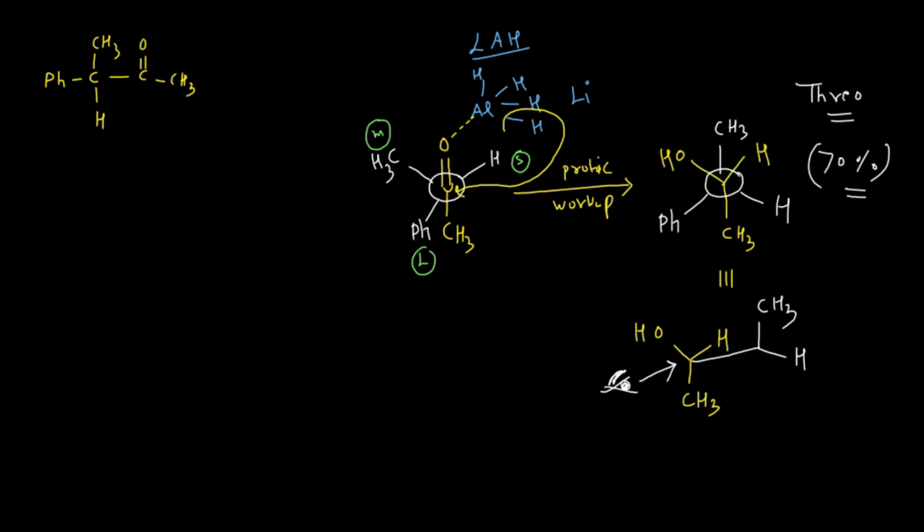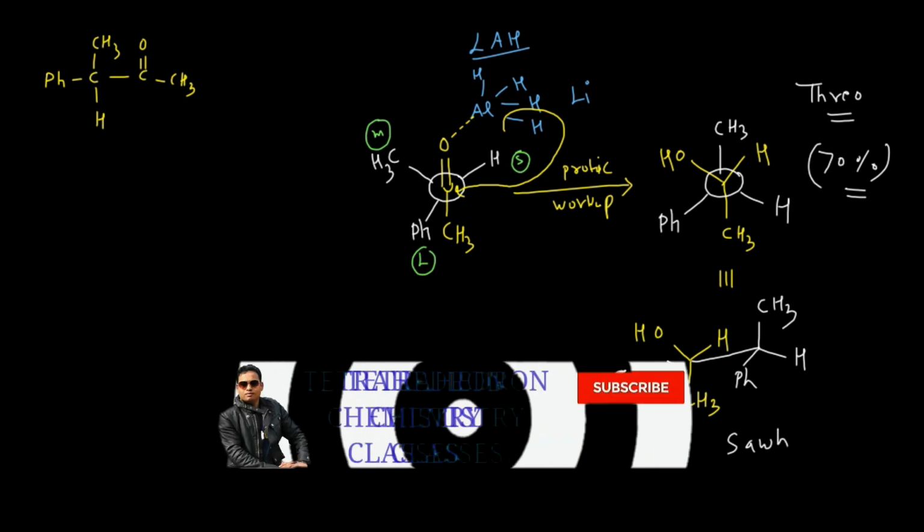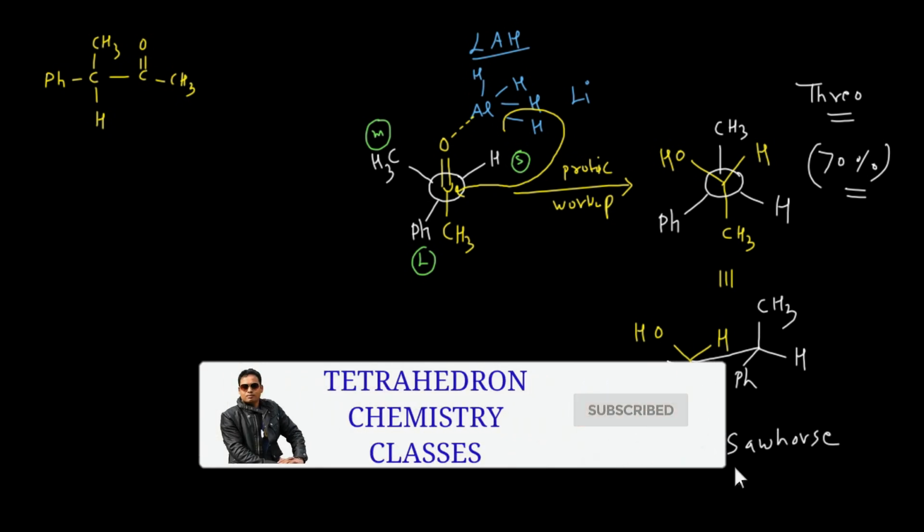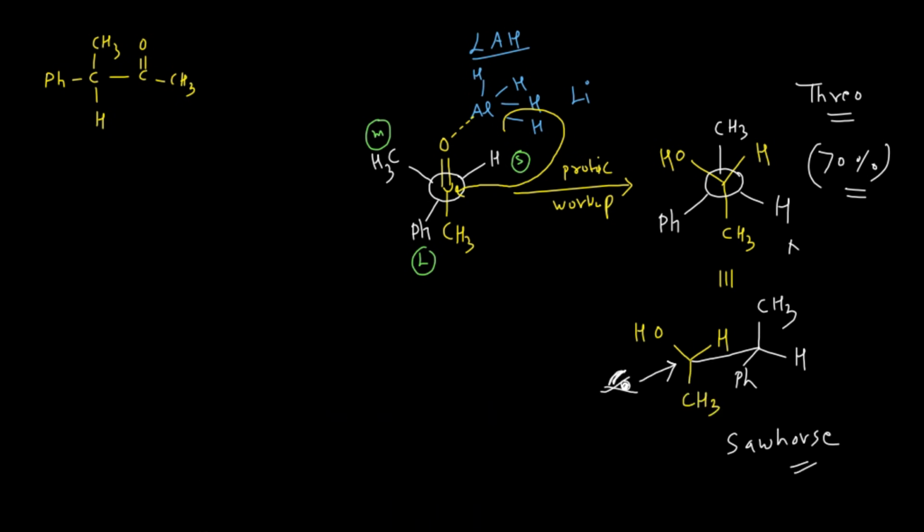Okay, and then you can see this OH is also here. So I am adding this OH here. So this is the Sawhorse projection formula, and this was your Newman projection formula. Okay, now I need to convert this into the Fischer projection formula.